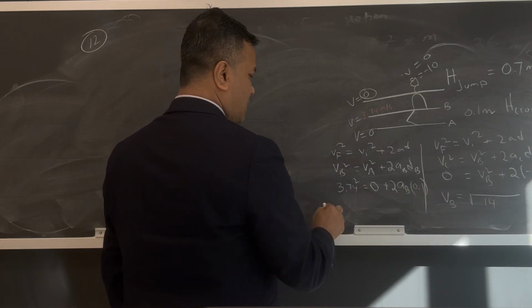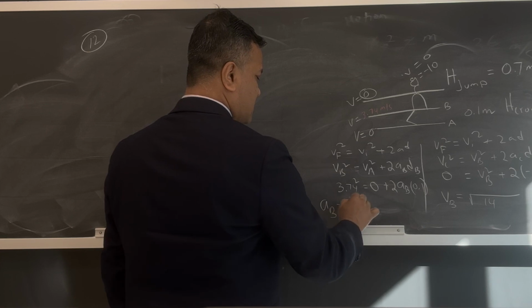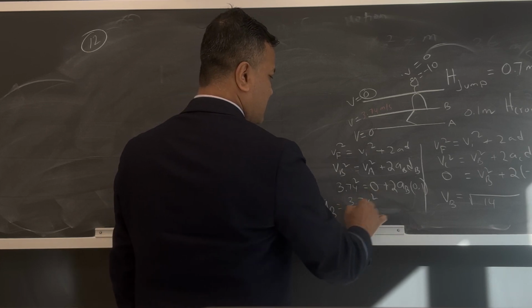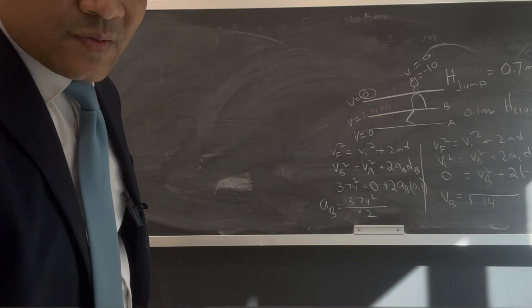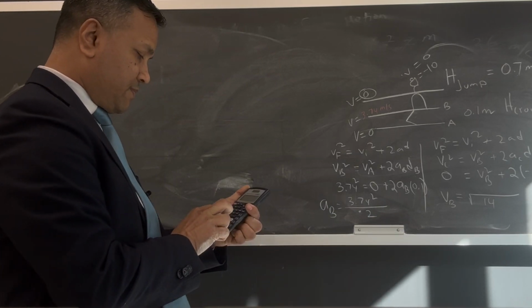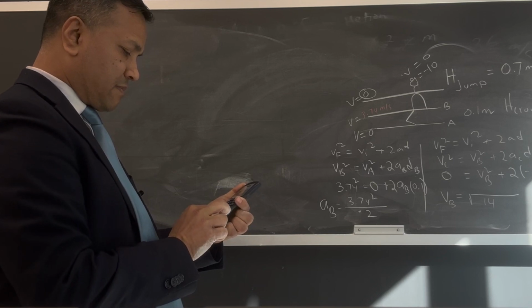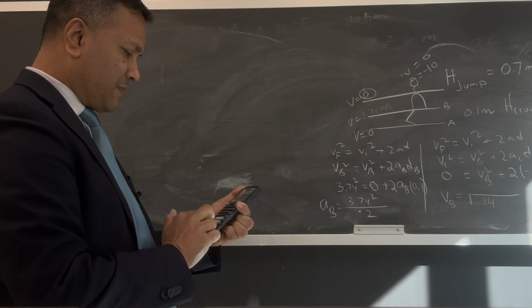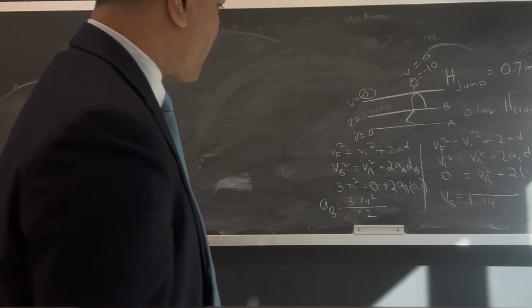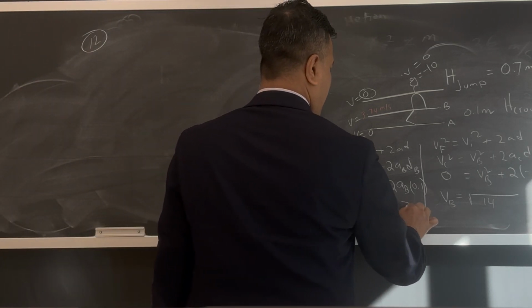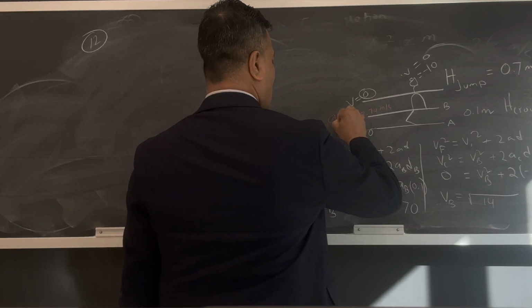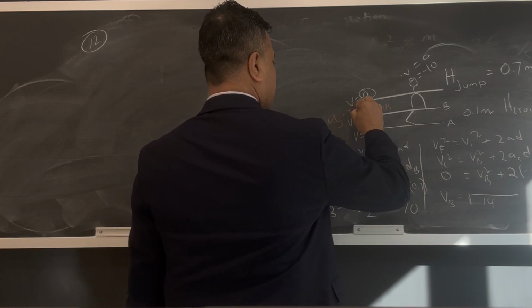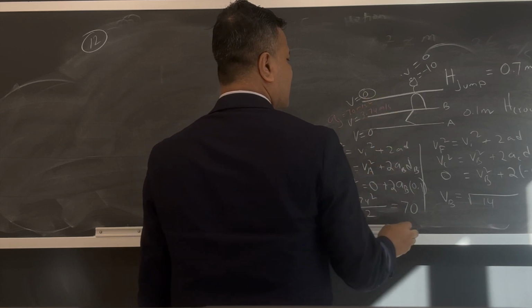So what is going on? Acceleration is 3.74 squared divided by 0.2, and that is 70. So you want to write acceleration of Josh is 70 meters per second squared, in this direction.